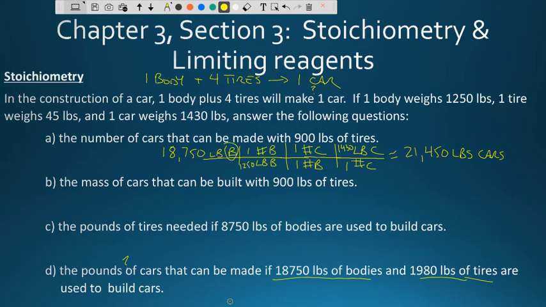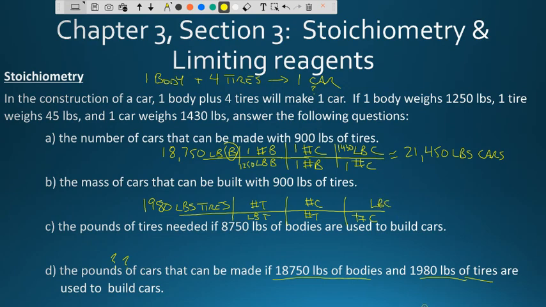Now let's solve the problem and look at the tires. I have 1,980 pounds of tires, and I'm going to ask the same question. How many pounds of cars will that make? Well, my pounds of tires to number of tires, my number of tires to number of cars, and lastly, my number of cars to pounds of cars.